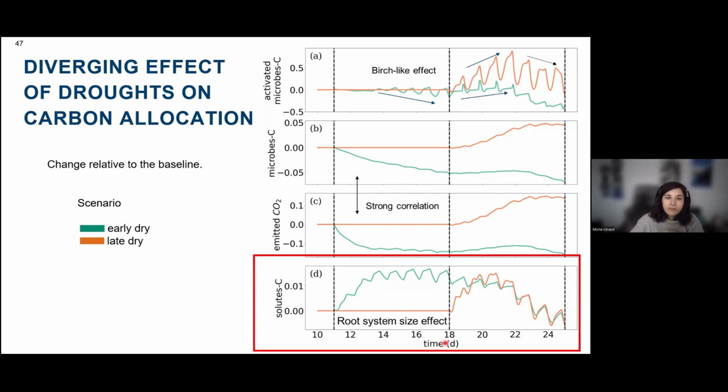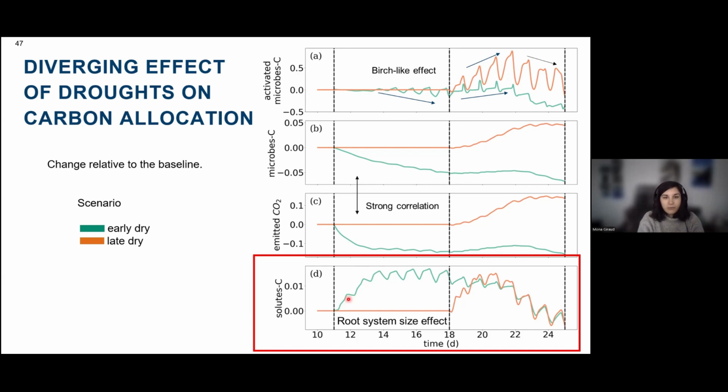So starting with the carbon that is in the solute pool, during the dry spell, this amount increases, even though, for instance, in the early dry spell, we saw earlier that the cumulative carbon exudated was lower compared with the baseline. And why does it happen? So it's an effect of the root system size. During the dry spell, the root system increases not as quickly.